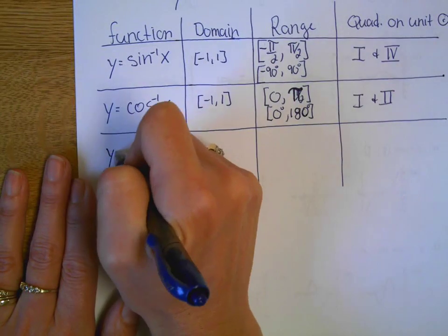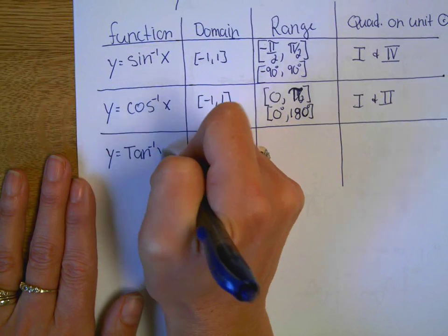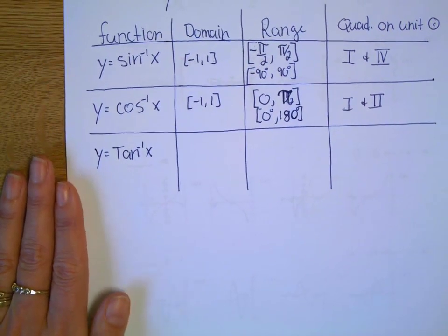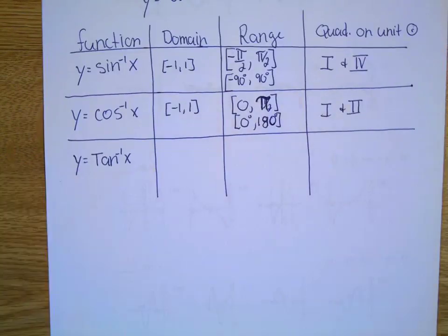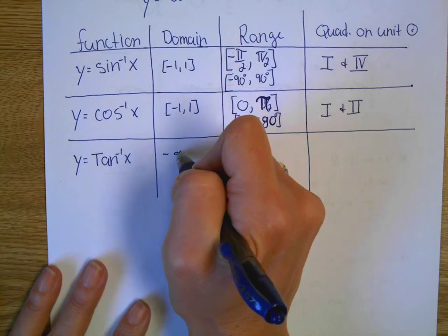Inverse tangent. Does that say 0, comma, pi over 2? Just pi. So 0 to 180, pi. The domain for tangent is negative infinity to infinity, because remember, anything can be, because it's the two legs divided.